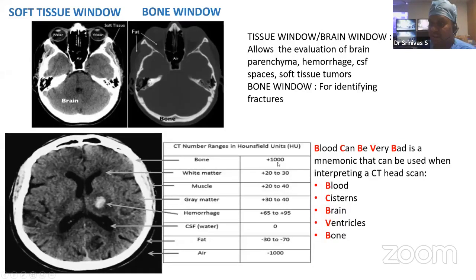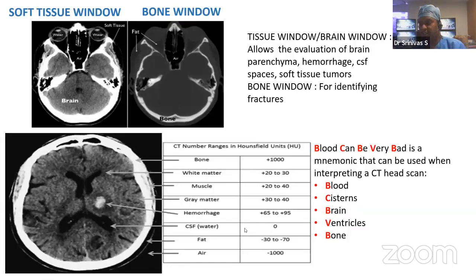That means whenever the beam is obstructed by a powerful structure like bone, then you get a bright structure, and it has a Hounsfield unit of 1000. What freely allows the ionizing beam is air, which has a Hounsfield unit of minus 1000, and CSF, which is neutral, has a Hounsfield unit of 0, and all other structures are equated with the CSF Hounsfield unit of 0.